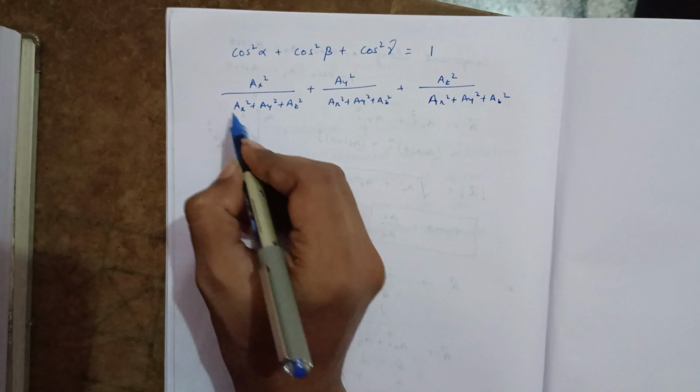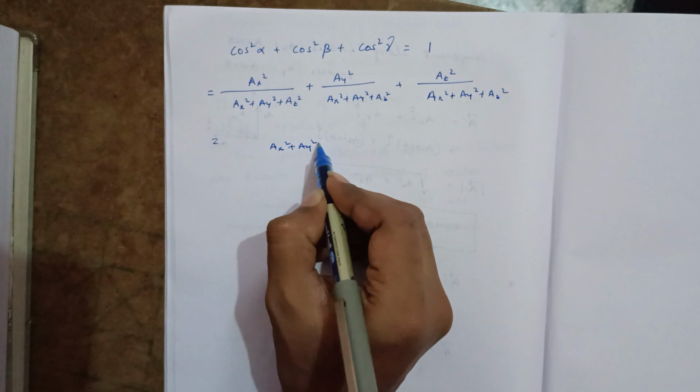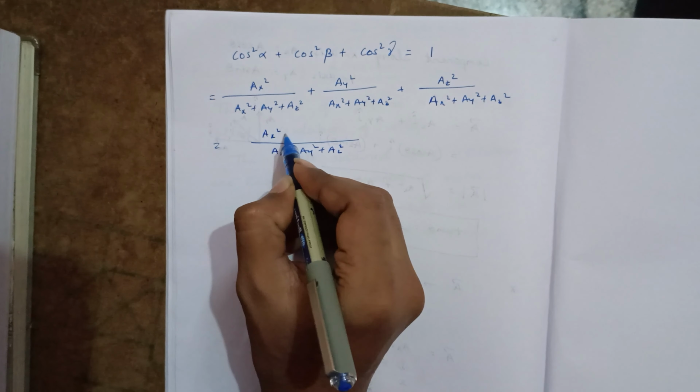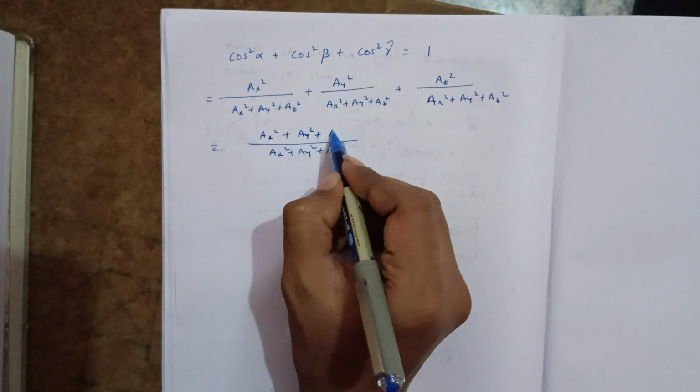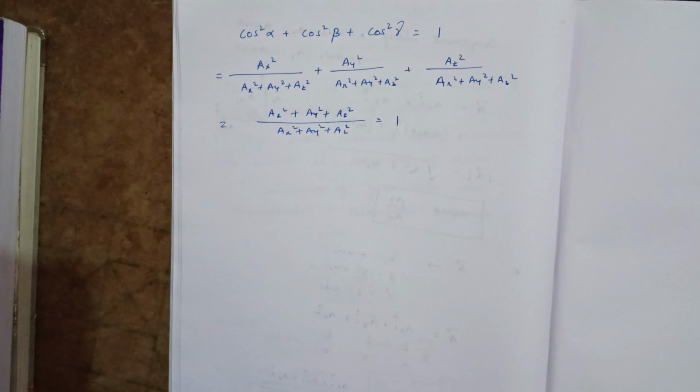So if you take the LCM, ax square plus ay square plus az square is the LCM, then it cancels to 1.